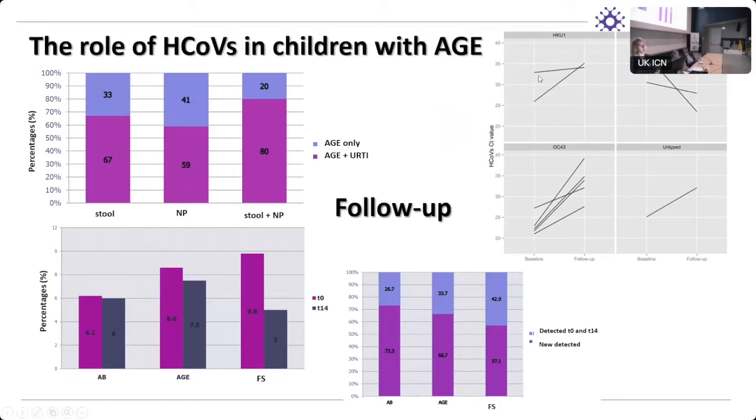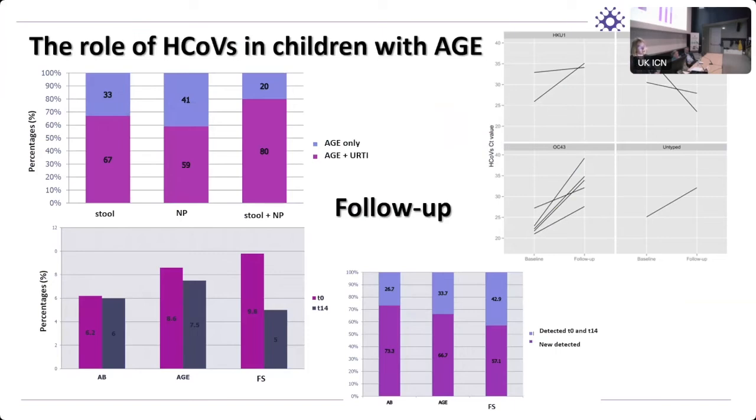Here in this figure on the right side, we can see the CT values detected for those species of coronaviruses that were detected in both samplings.